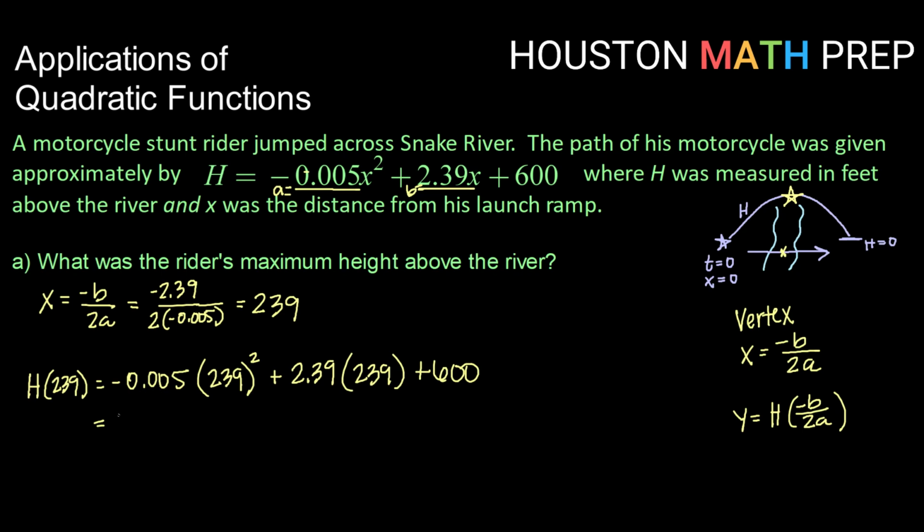Using our calculator to evaluate that, we get 885.605 feet. So the maximum height above the river that our rider reached was 885.605 feet.